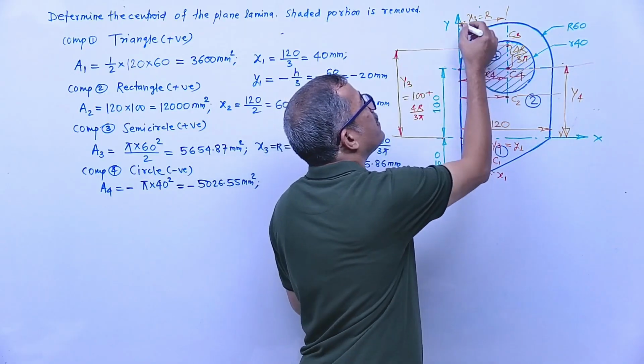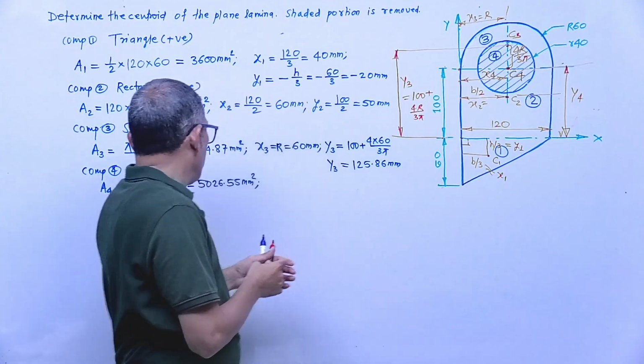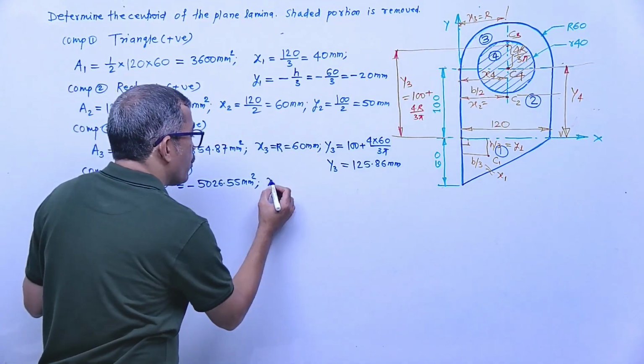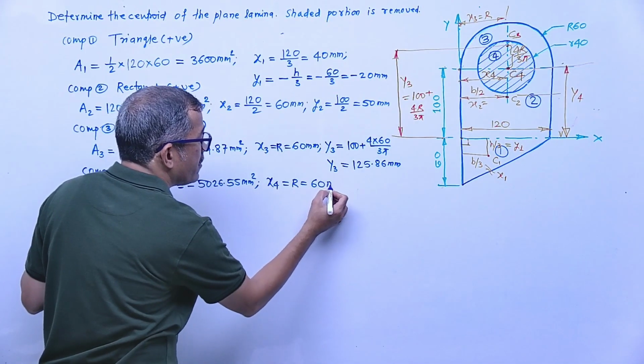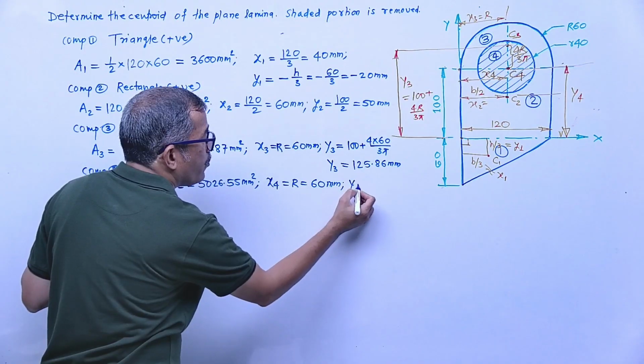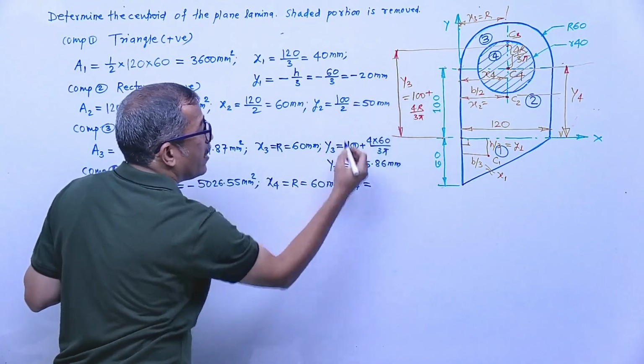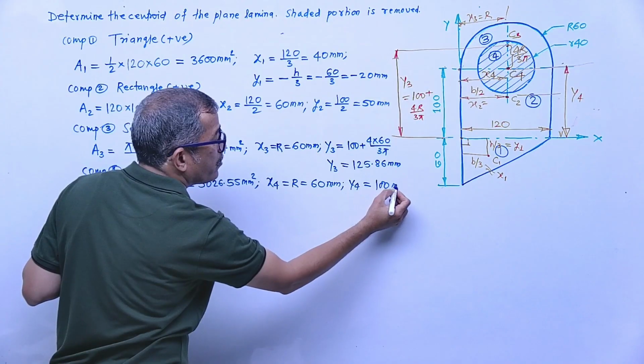What is the radius? It is given, right? 60. So x4 is the radius, 60 mm, and the y4 distance is 100 mm. Clear? Any doubt?